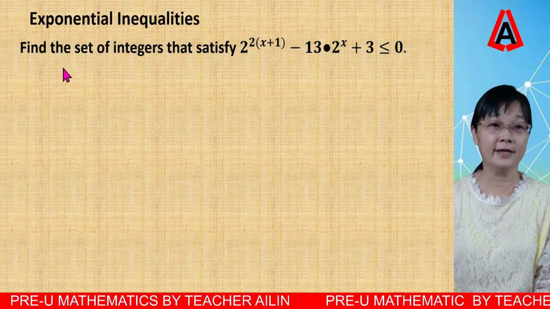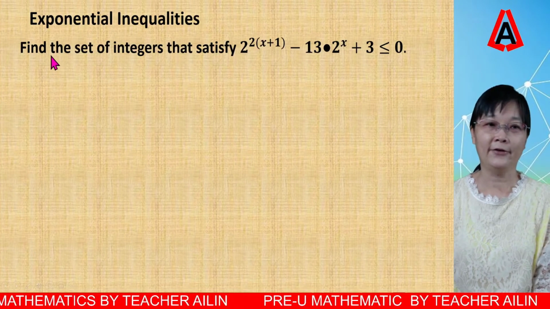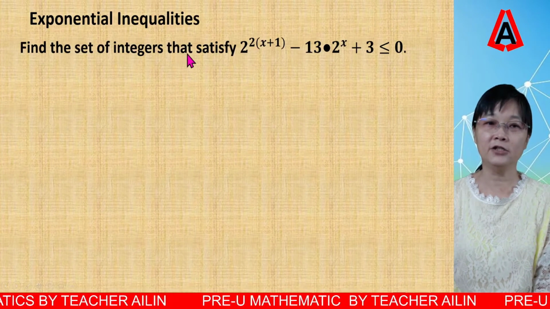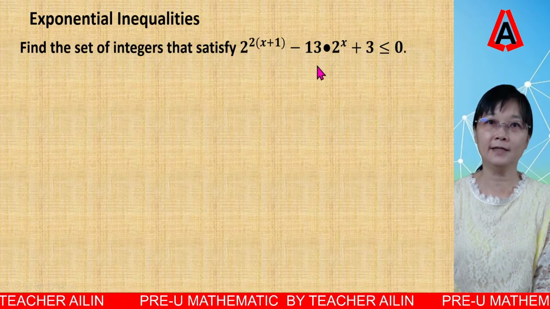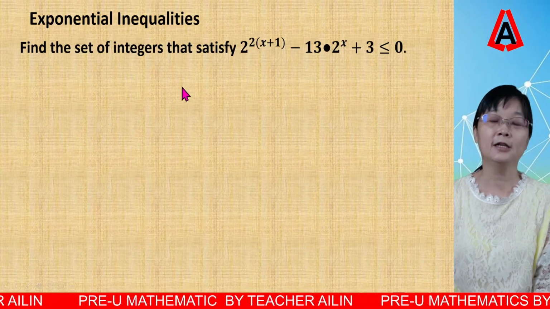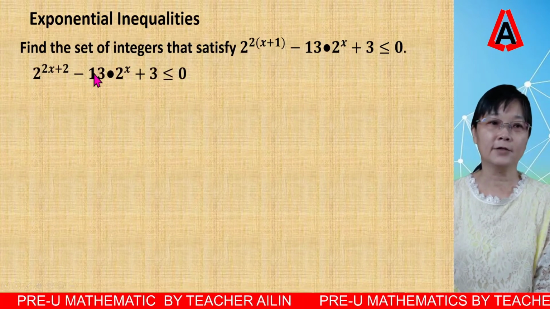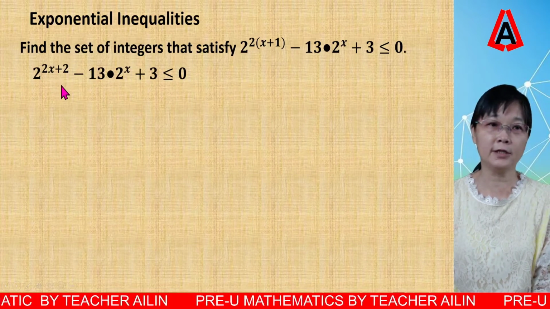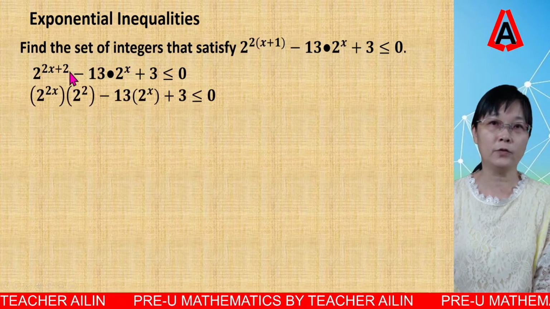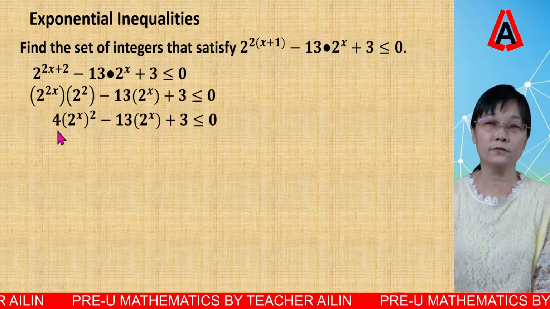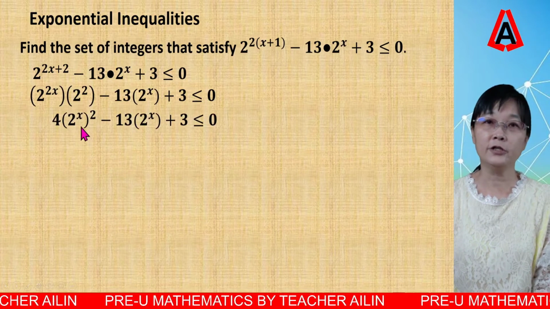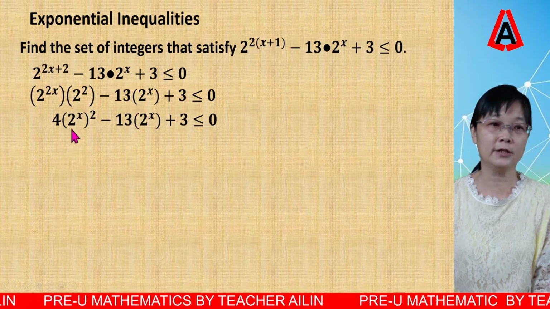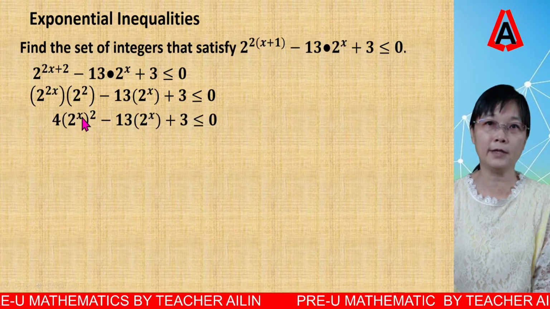Now let's try the exam format question. Find the set of integers that satisfy this inequality. First of all, I'm going to separate the exponent here. So 2 power 2 is equal to 4, and I keep the exponential term here, 2 power x.